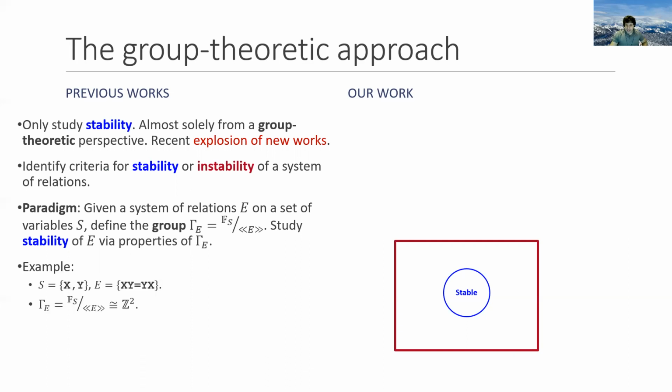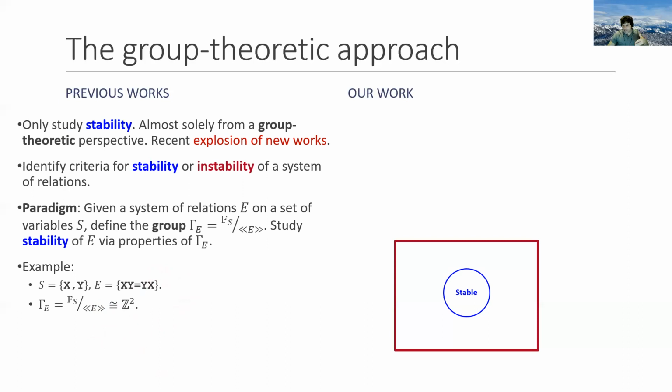Now, to illustrate this paradigm, let's go back to our original example of testing whether two permutations commute. So here S consists of two variables, x and y, and E is the single relation stipulating that x and y commute. The group gamma E is then the quotient of the free group over the two generators x and y by the commutator of x and y. And this is isomorphic to the group Z squared, where Z is the additive group of integers.